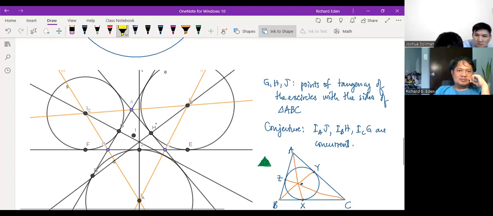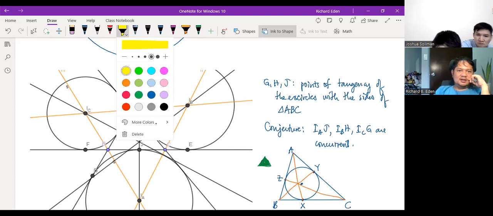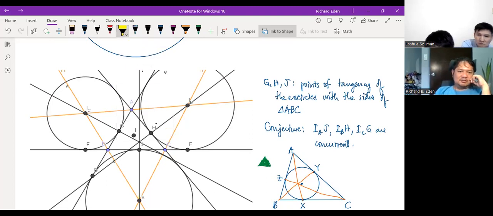itong IAJ, let me try to emphasize it. Ito, for example, this one, IAJ, hindi siya cevian of triangle ABC, eh. So, I mean, okay, IAJ is a cevian of the orange triangle from the excenters.